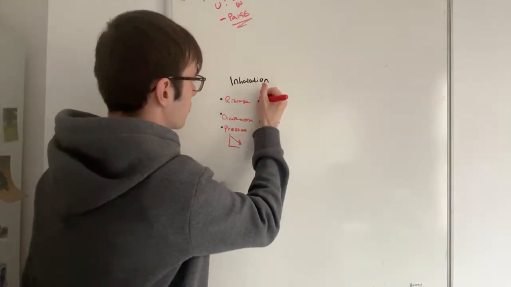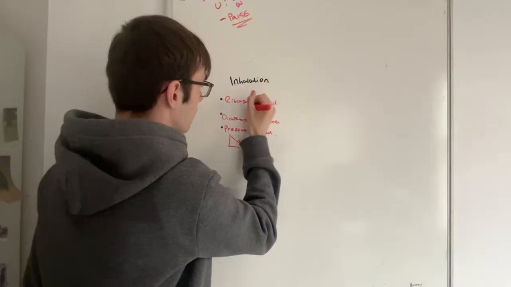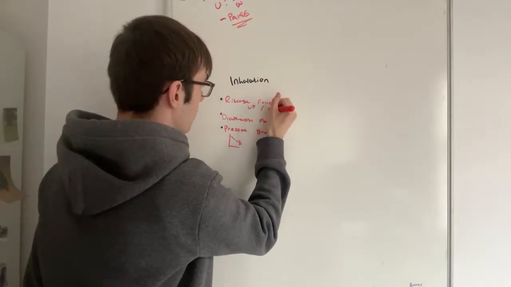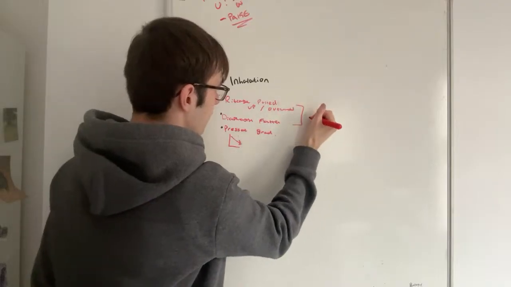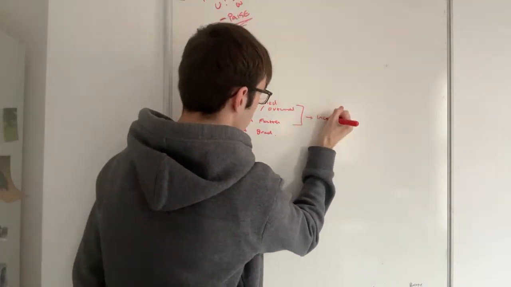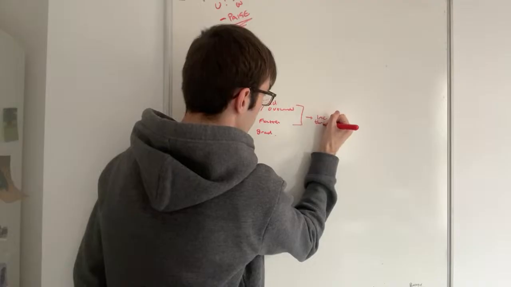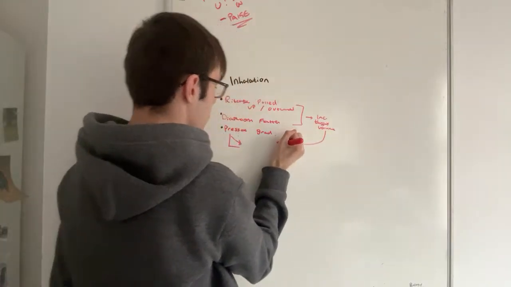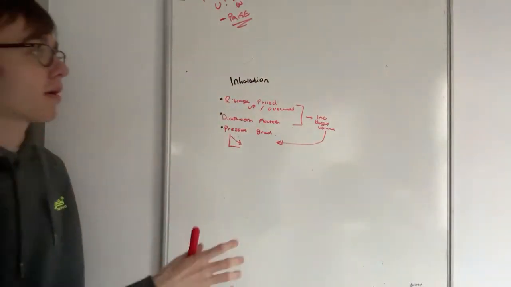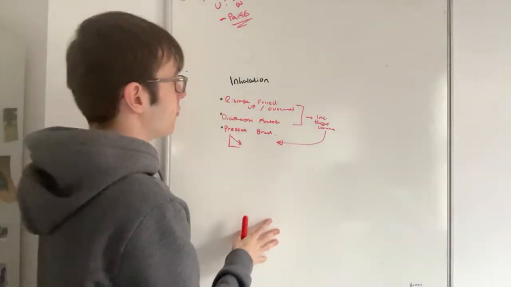I guess pulled. Rib cage is pulled up and outwards. The effect of both of these is that it's going to increase the volume in the thorax, which overall is going to establish a pressure gradient because there is now a lower pressure in the thorax.